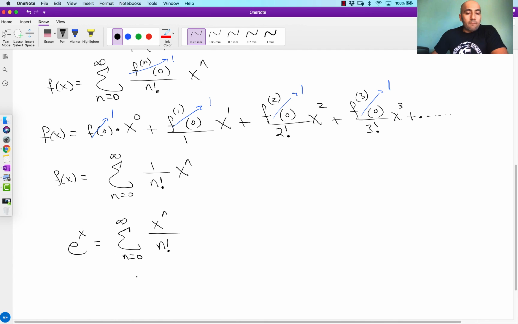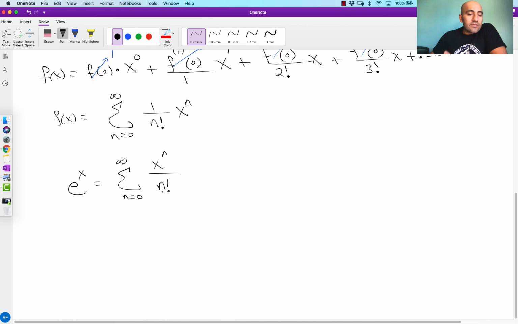Good. Okay, what does this mean? This is the Taylor series expansion of e to the x, or the Maclaurin series since it's centered at 0. This is the Maclaurin series expansion of e to the x.